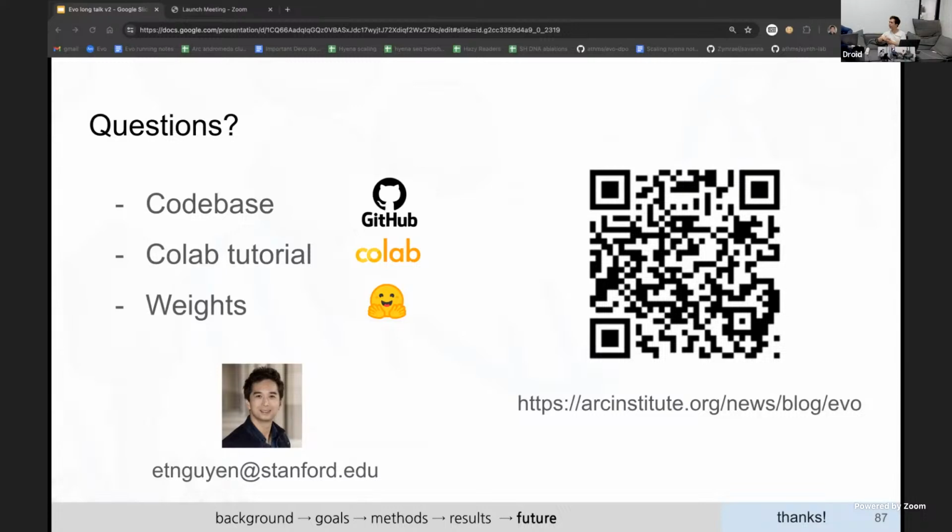I'm curious, for the Cas9 generations, you had two stages of training, where you had the 8K model and then the 131K model. Did you ever compare generation quality between the 8K model and the 131K, given both support the whole CRISPR-Cas9 sequence? Yeah, that's a good question. We didn't, though we could.